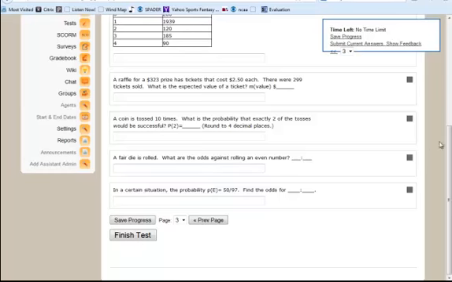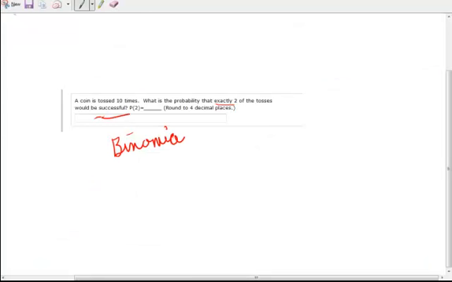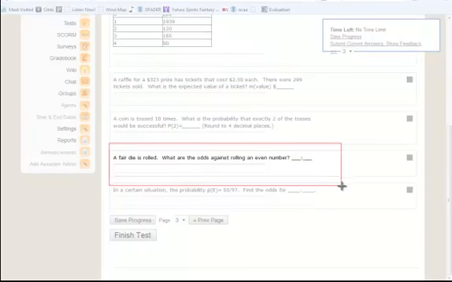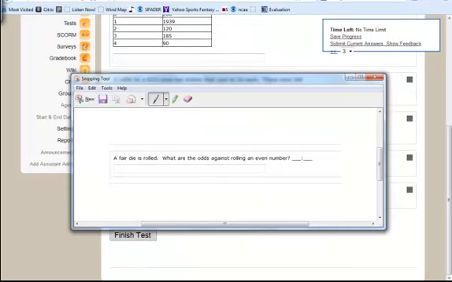A fair die is rolled. What are the odds? So now we want the odds. Odds, it's for and against are the 2 choices. In this case, the odds against. So how many ways can you lose if you are rolling an even number?